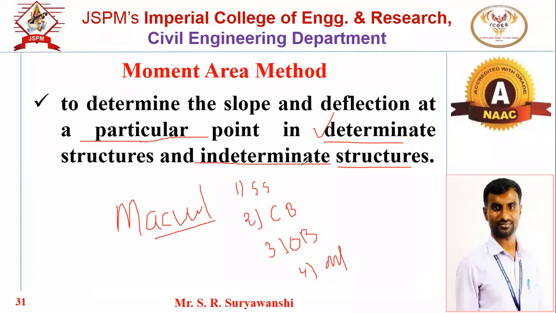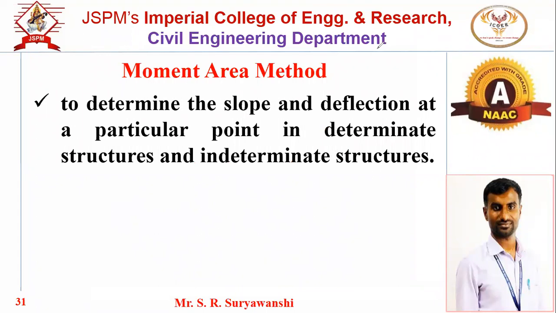So we can say that was one of the limitations of Macauley's method. It is restricted to determinate structures, that may be simply supported beam, cantilever beam, or overhanging beam. That limitation is overcome in the moment area method.